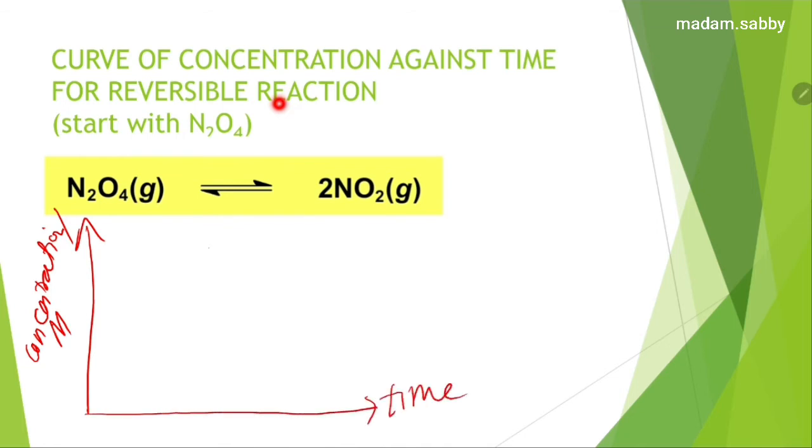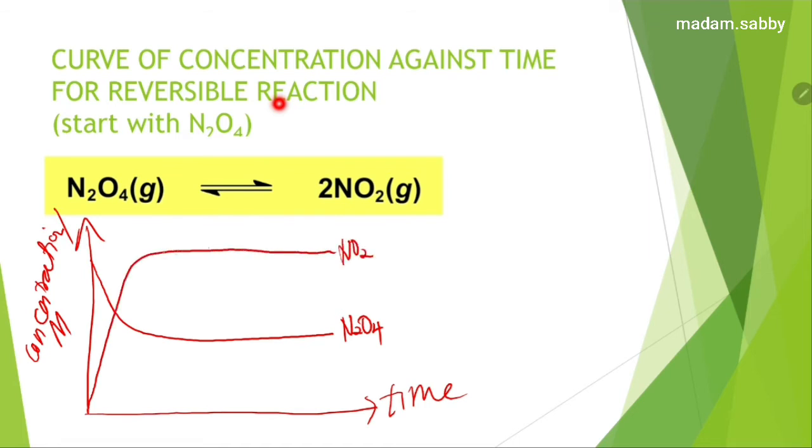If I start with N2O4, my concentration of N2O4 starts to decrease, and then my NO2 concentration starts to build up. At T1, the concentration of both N2O4 and NO2 starts to remain constant. So here Q equals K, and before that Q is not equal to K.